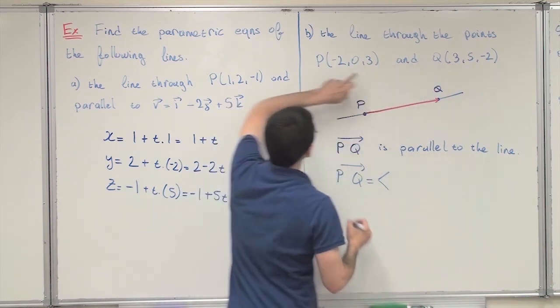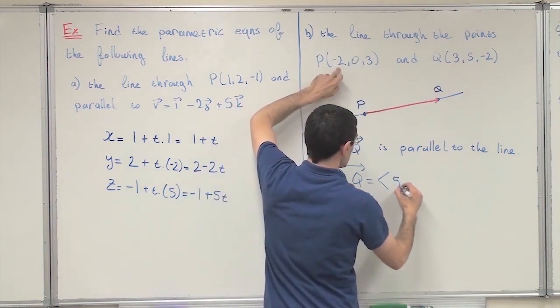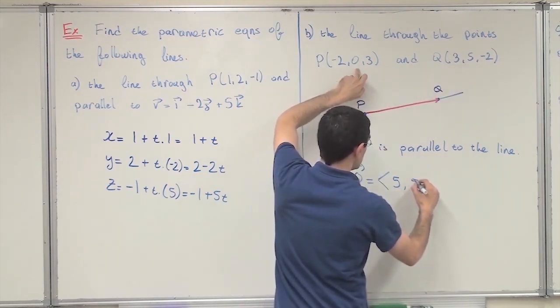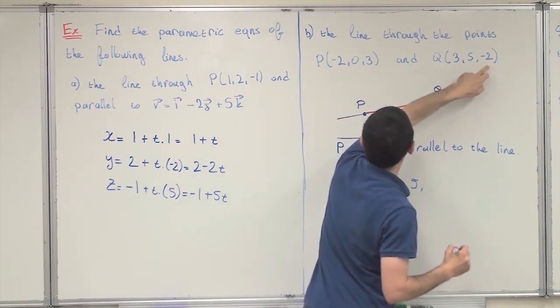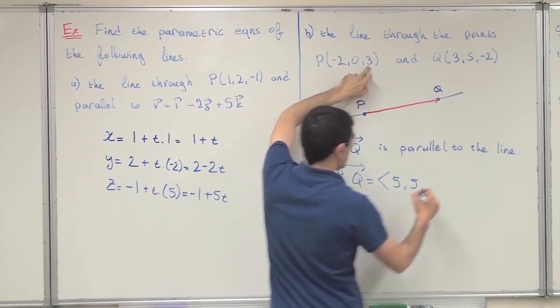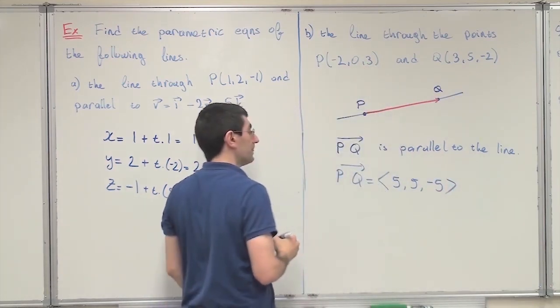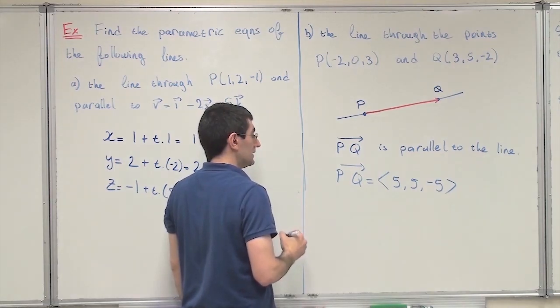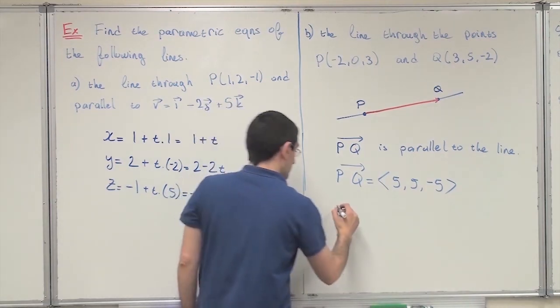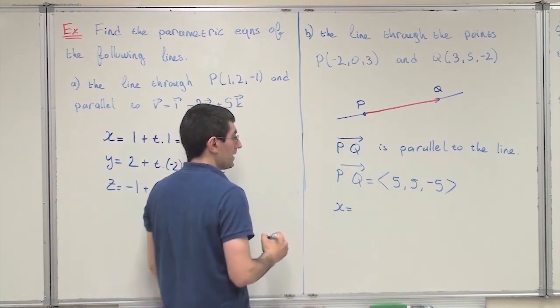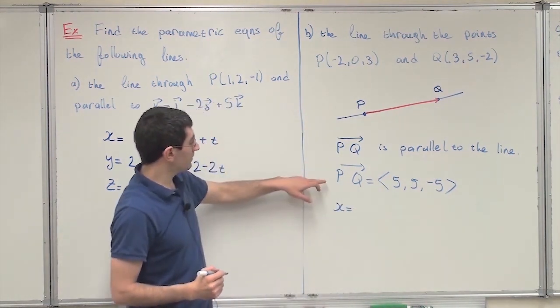So, it is 3 minus negative 2, 5. 5 minus 0, 5. Negative 2 minus 3, negative 5. Okay. Then, to find the parametric equations, you have all the information you need.